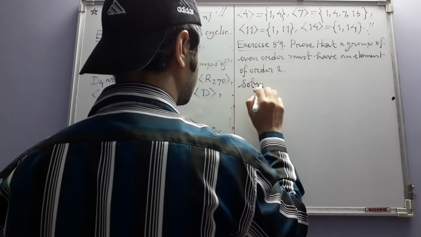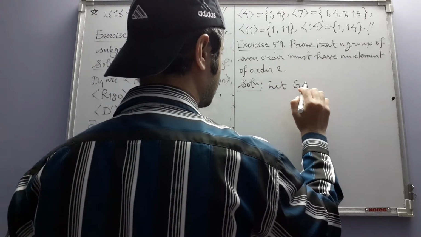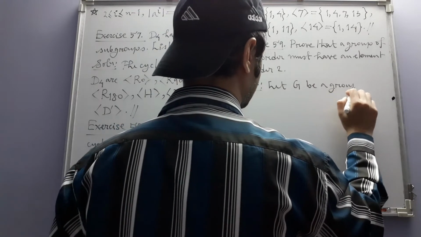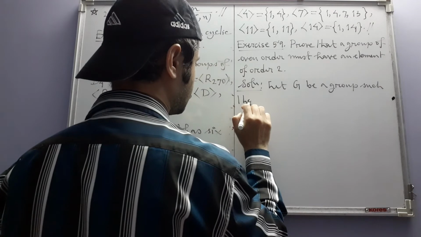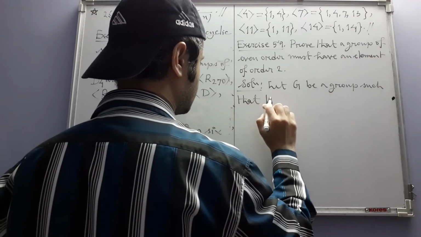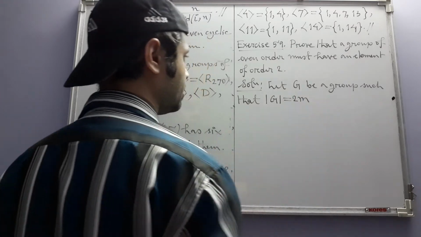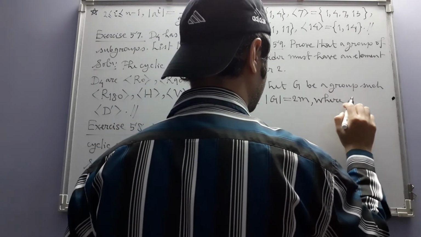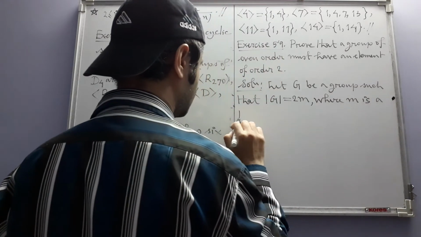Okay, let G be a group such that the order of G is 2 times M, where M is a positive integer.